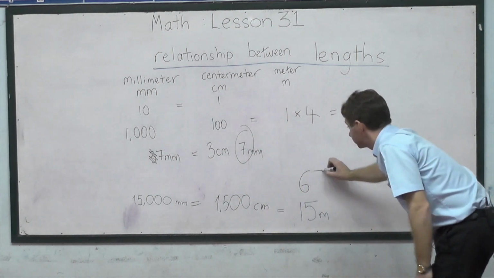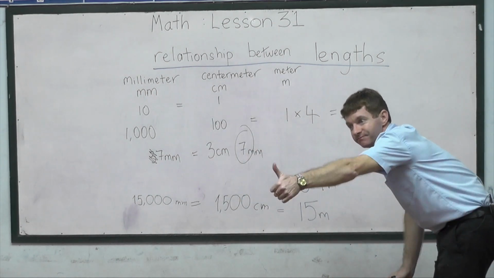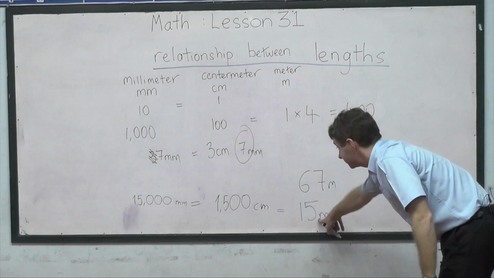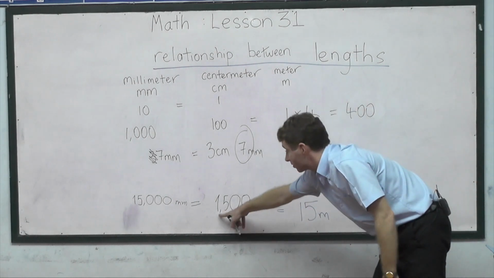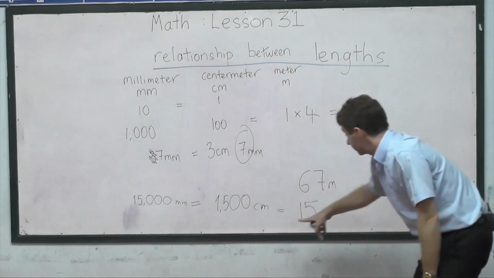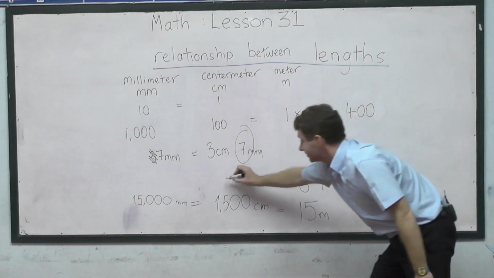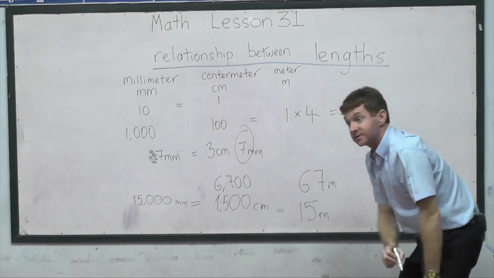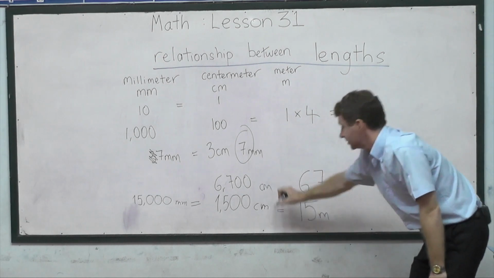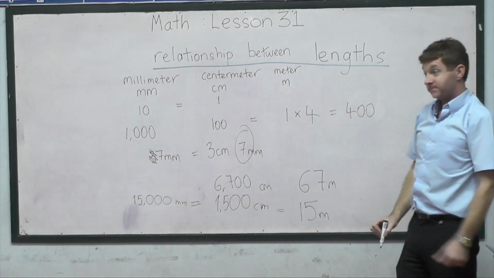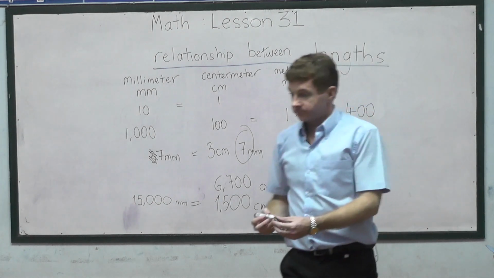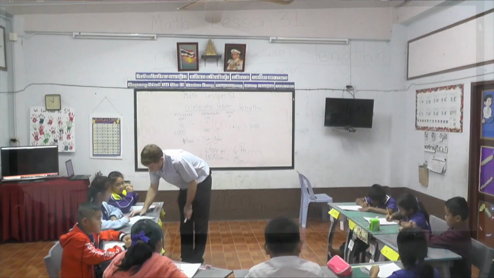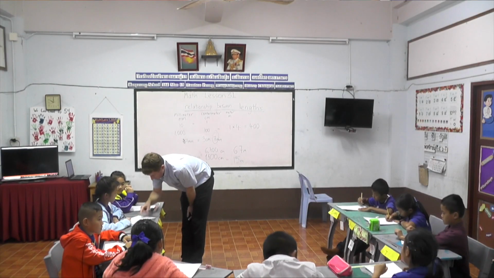So we start with 15 meters, 1,500. So 67 meters, 6,700 centimeters. You see? Perfect. Excellent.